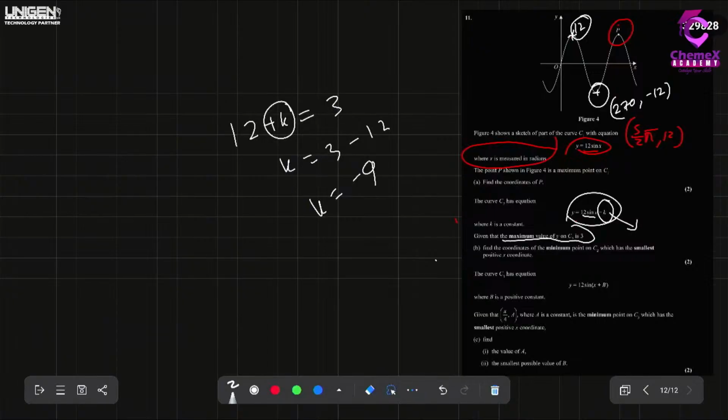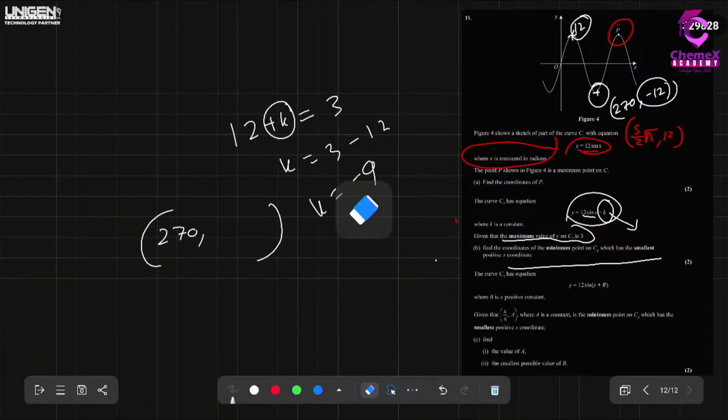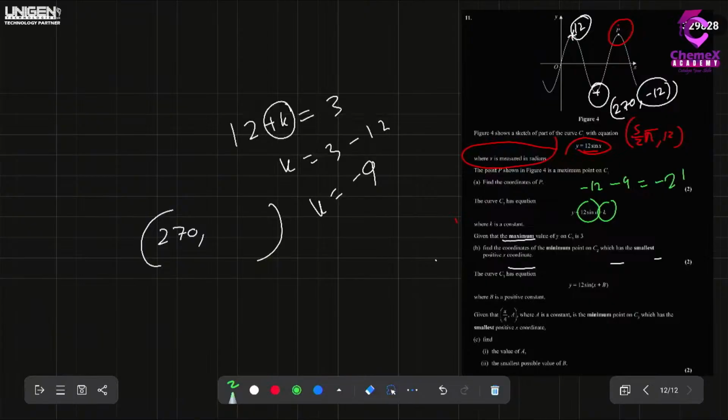So k is minus 9. They are asking to find the coordinates of the minimum point. So if k is minus 9, what is the minimum point going to be? 270 comma, it won't be minus 12 this time. What will it be? Reason is, from this part you got minus 12, but because of this minus 9 it will be minus 21.